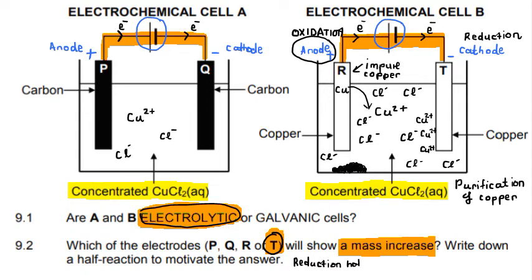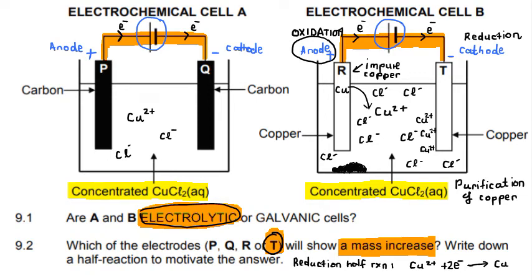The copper 2 plus ions are gaining electrons, I'll just write an electron for now, I'll balance it after, and become solid copper. If this is a copper 2 plus ion, it needs to gain 2 electrons in order to become solid neutral copper.